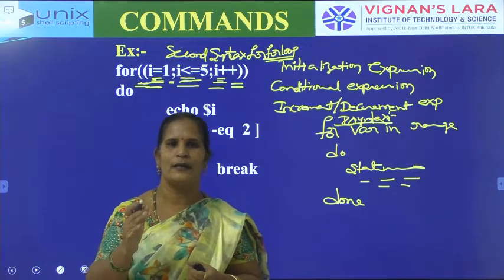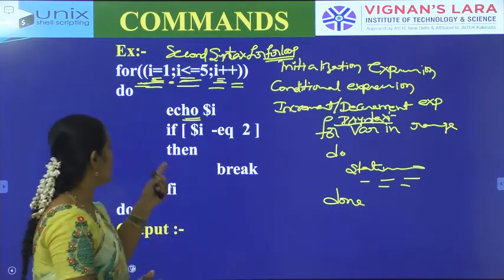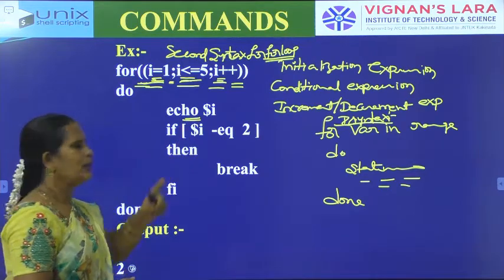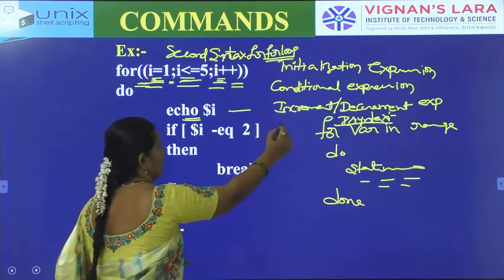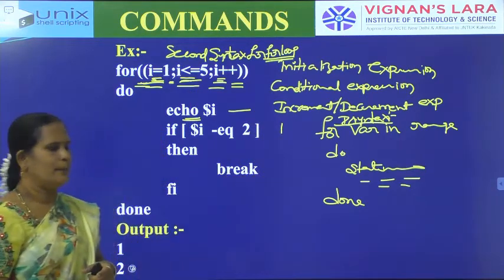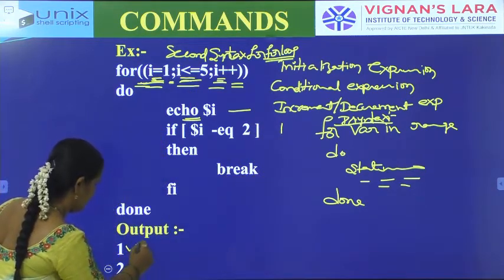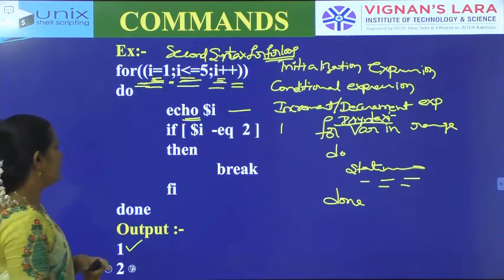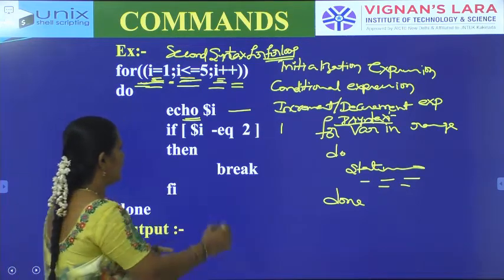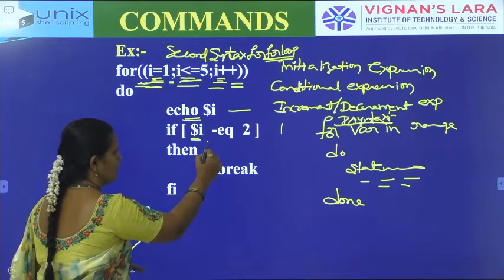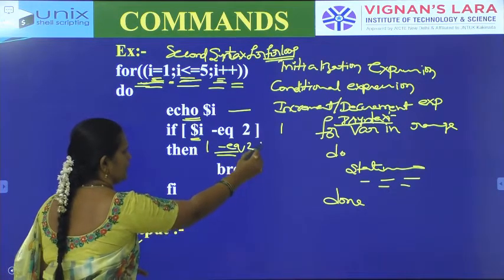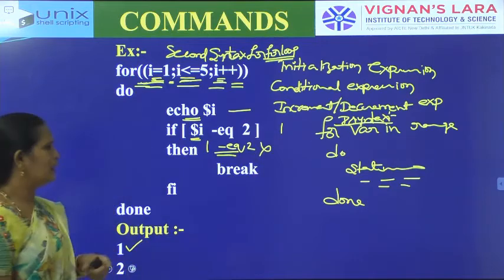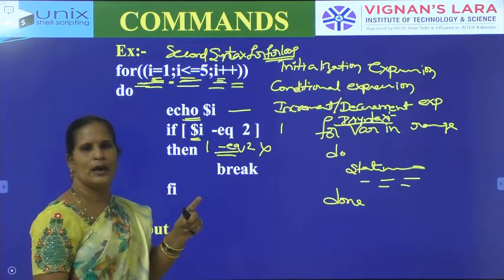This is the importance of if: if conditional expression, then a set of statements, and the end of if is indicated by fi. In between then and fi, the statements are executed if the conditional expression returns a true value. If it returns a false value, the control simply comes out of the if block.